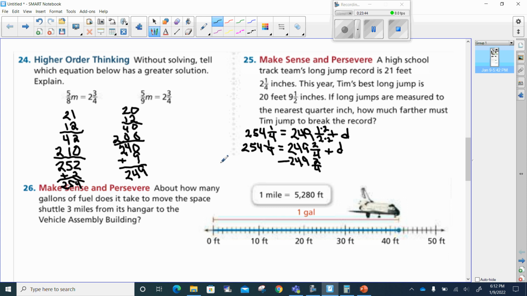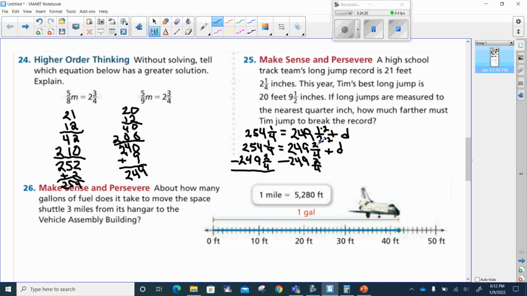And whatever I subtract from one side, I'll subtract from the other. All right, now I see that I can't subtract 2 from 1. So I'm going to have to borrow one of these up here.